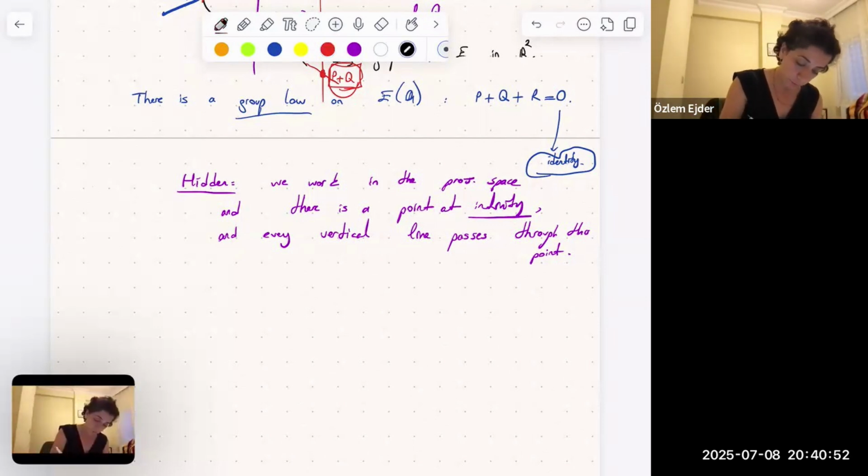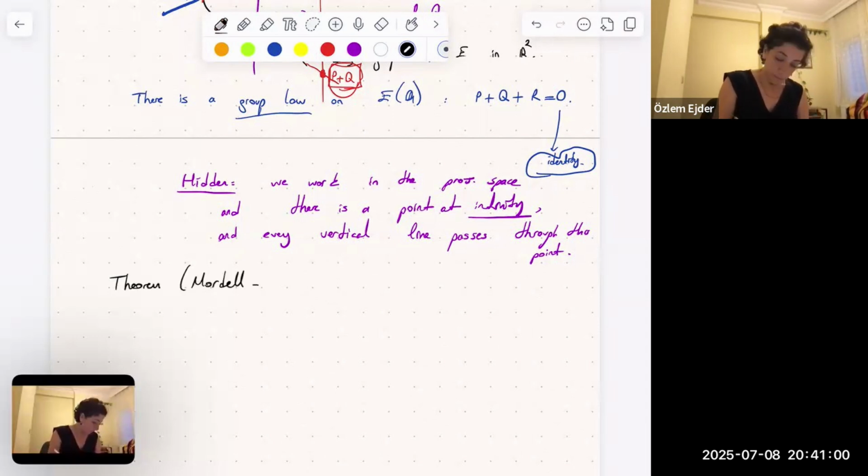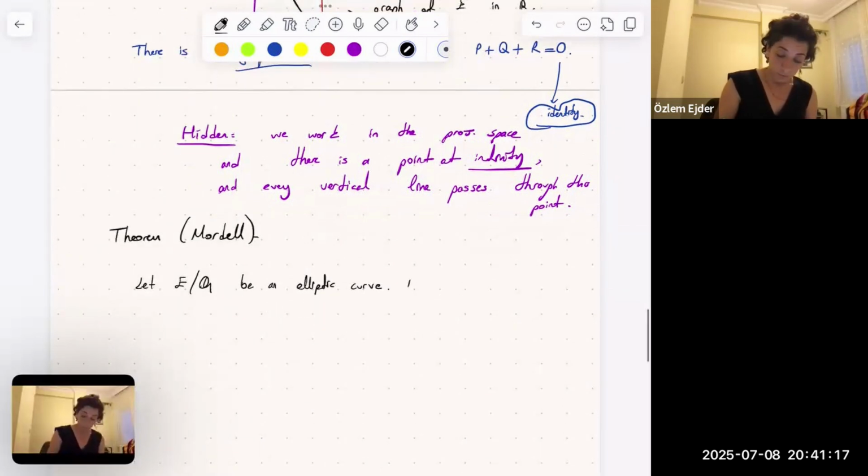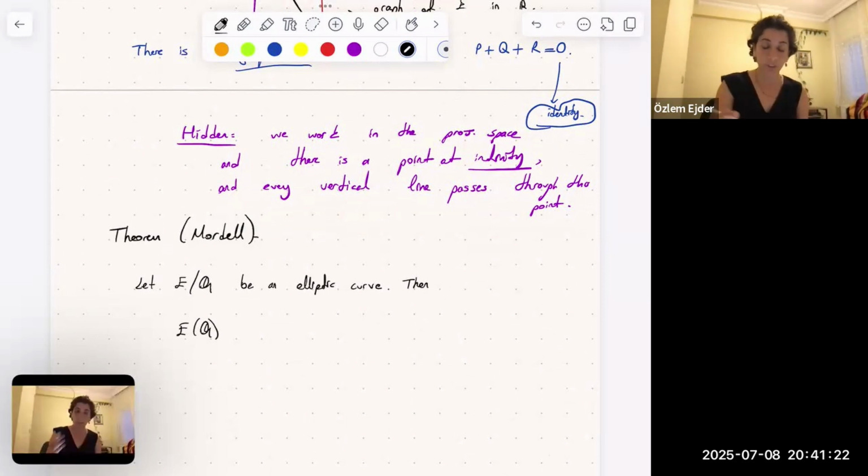This is a theorem of Mordell: if you take an elliptic curve E over Q, then the set E(Q), all points with rational coordinates on this curve E, is a finitely generated abelian group.